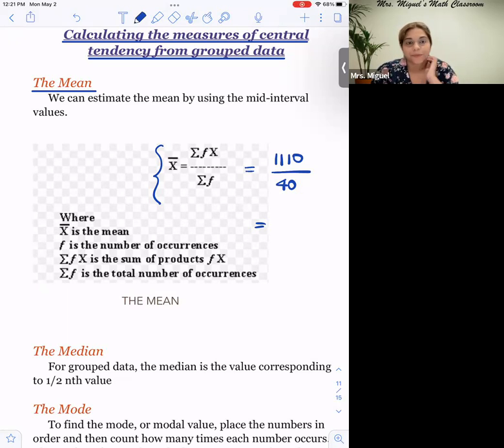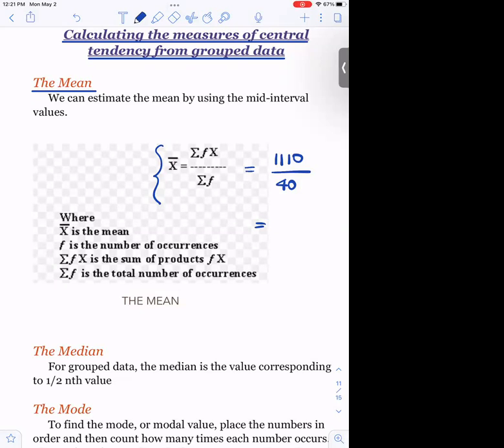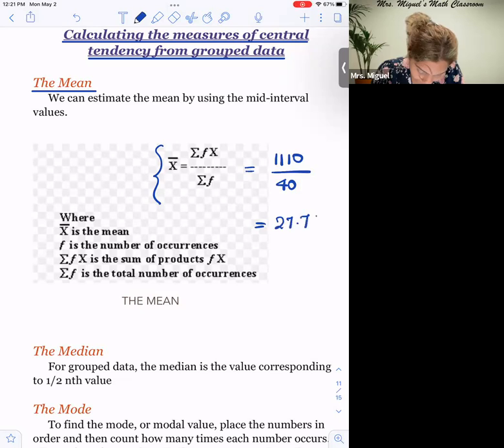Anybody with a value? 27.75. Yes, 27.75. Who could confirm this answer?